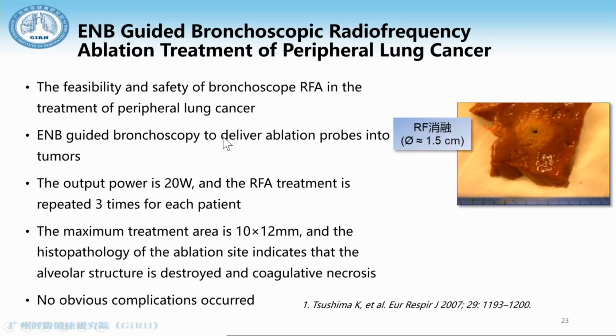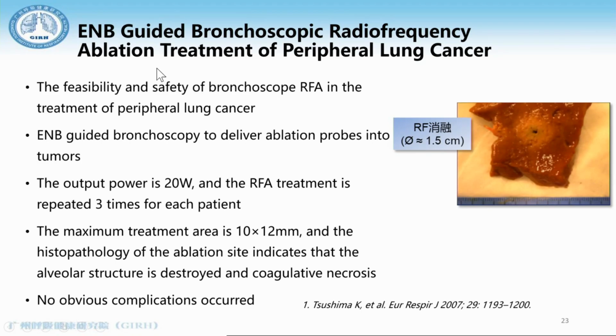For bronchoscopic radio frequency, the first published paper was in 2007.